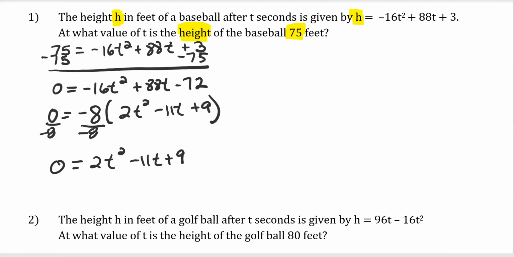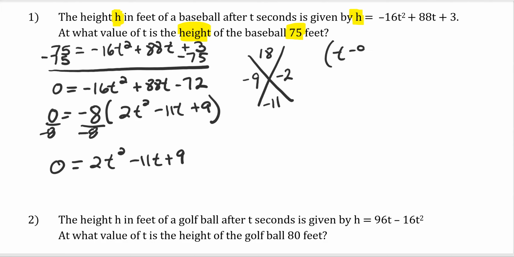And now I need to factor this. So I need the factors of 18 that add to negative 11. And I'm going to factor this one using slide and divide.